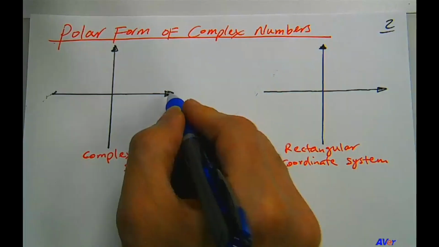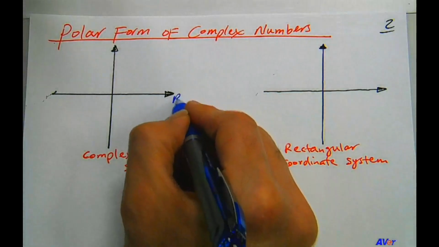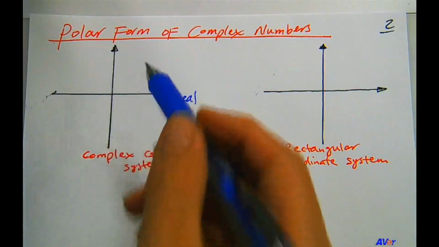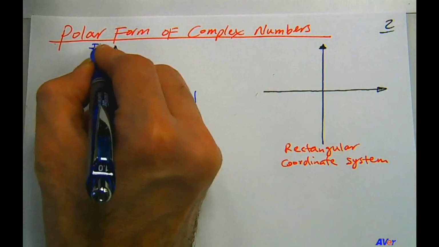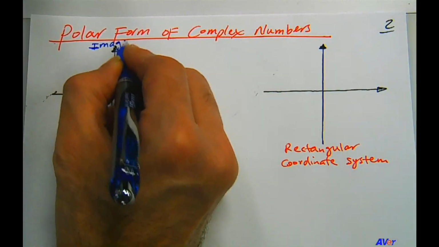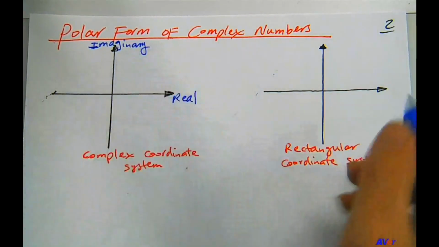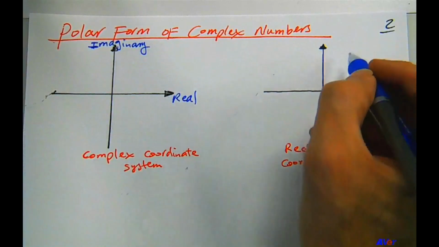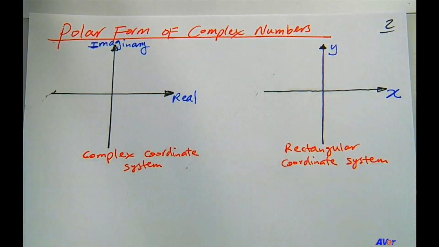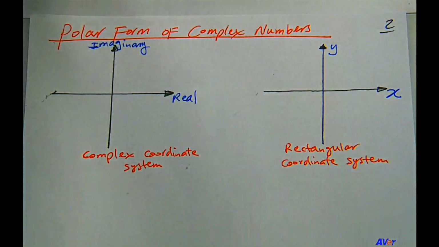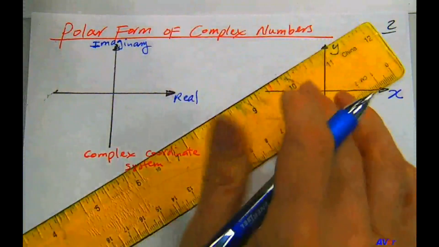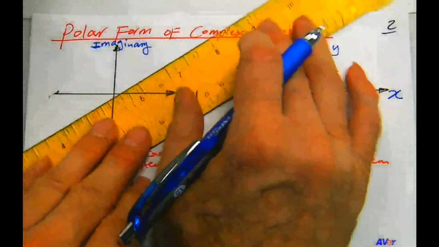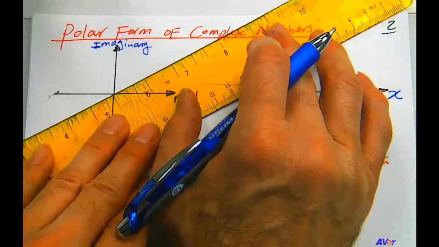Okay, therefore we will call this axis the real axis, and we will call this vertical axis the imaginary axis, and we will call this x, and of course this will be y. So now suppose we have some angle drawn, let's call it theta, and so something like that.